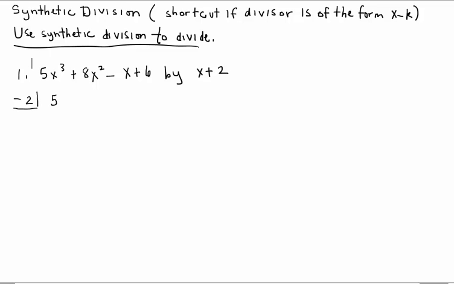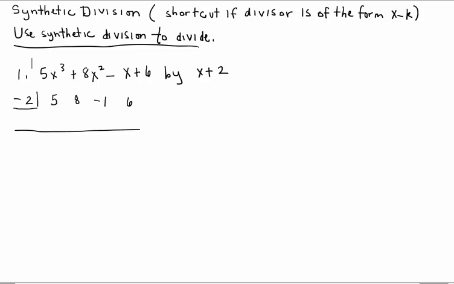And if there's a missing term, you'd want to fill in a 0, like we did in long division. So we've got 5, we've got 8. The coefficient here is negative 1, and then we have a constant term. They're supposed to be lined up in a row. Then leave a blank row, and then put in a line all underneath it.